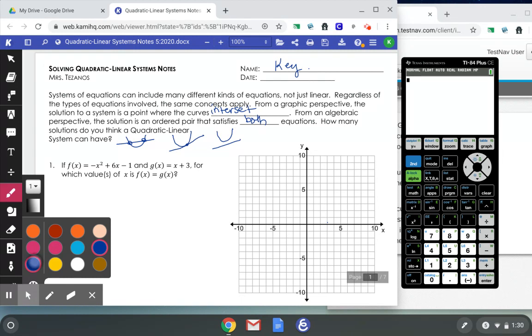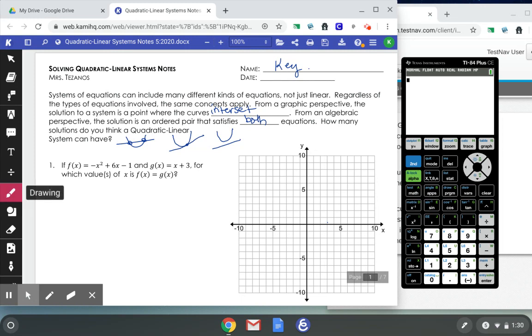Okay, so we're going to talk about two different ways to solve these, by graphing and solving algebraically. The first example I am going to solve by graphing. First thing I'm going to do is graph my quadratic.